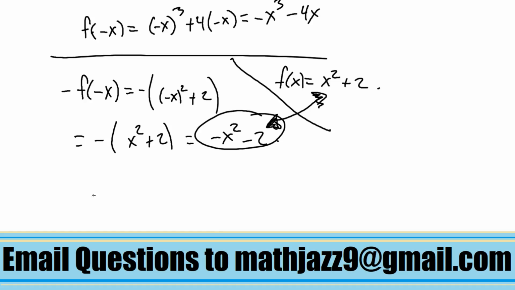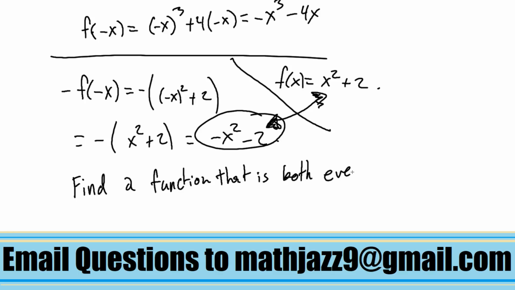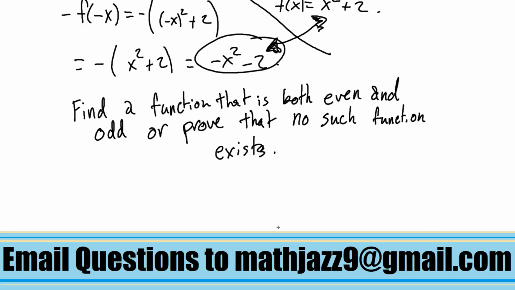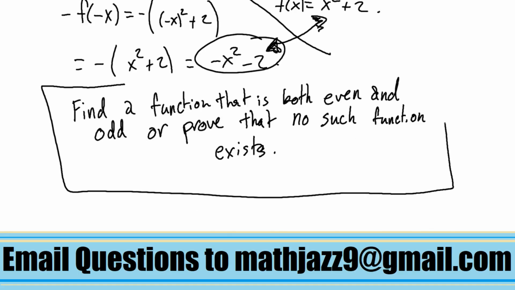Let's write down the question formally: prove or find a function that is both even and odd, or prove that no such function exists. There, this is a problem for you.